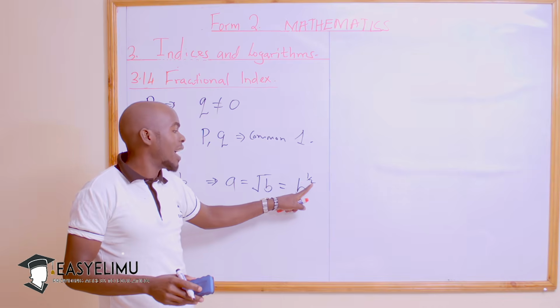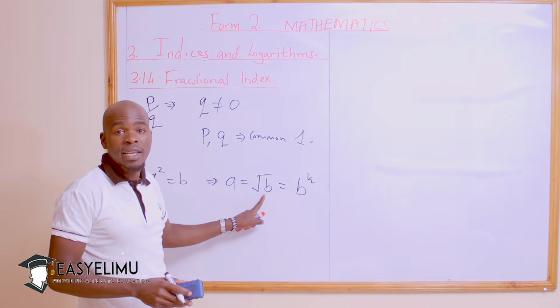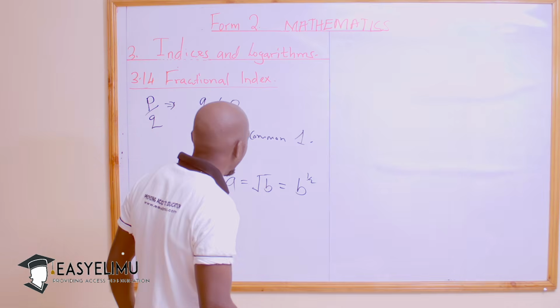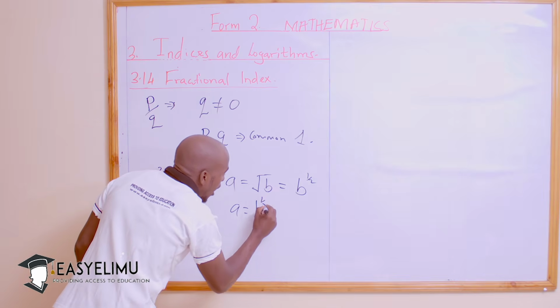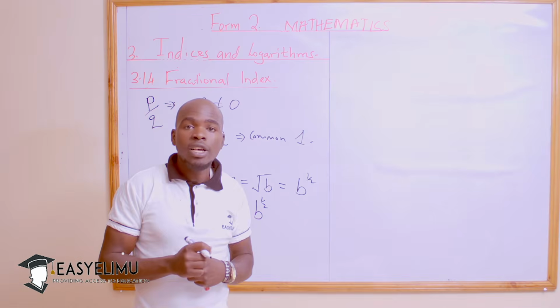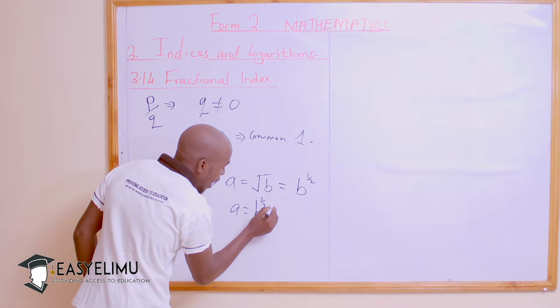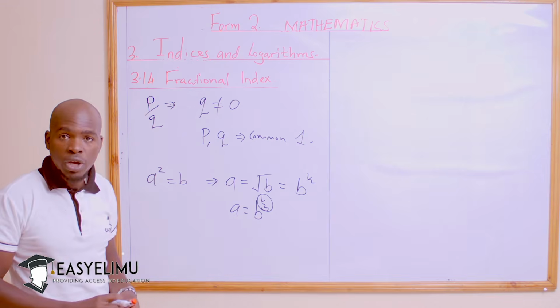You can either rewrite the square root of b in this form or write it in the other form. So we have a equals b raised to a half, which is simply writing the square root of b. So this half here is what I'm referring to as fractional index.